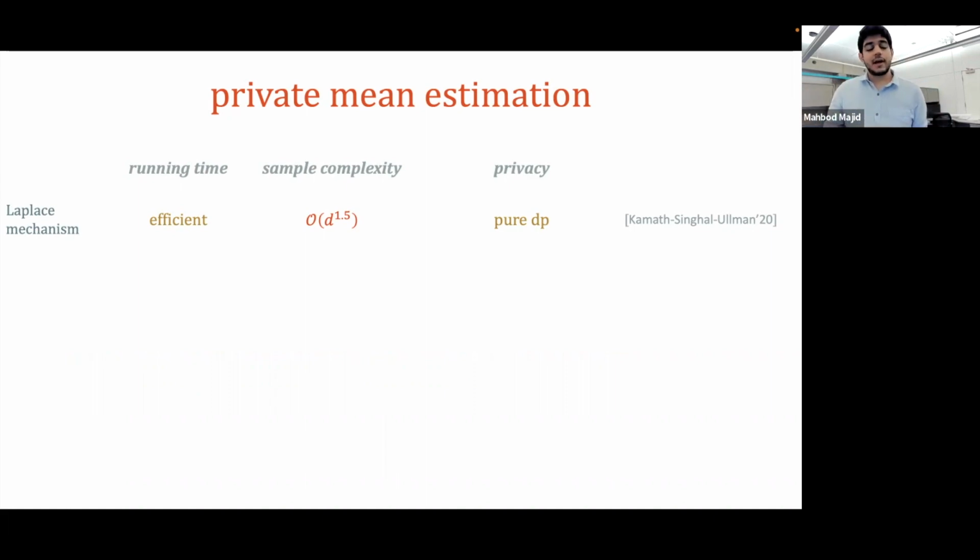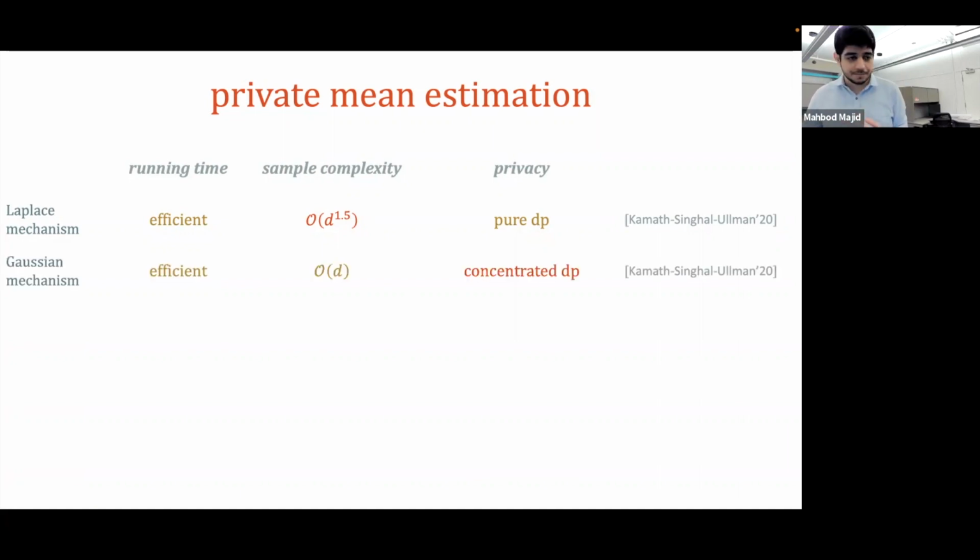So now you can add Laplace noise, but because of this discrepancy between the L1 norm and the L2 norm, you would end up adding a large amount of noise, and your sample complexity will be off by a factor of d to the half. So this algorithm is going to be efficient, but it's going to have suboptimal sample complexity, and it's going to be pure DP.